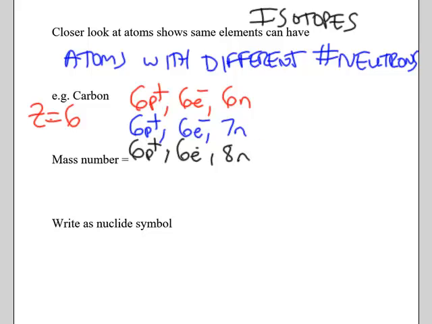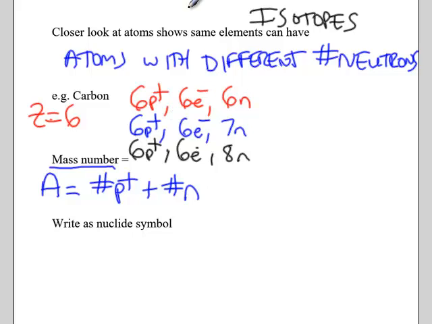To distinguish those, one way to do it is by using the mass number. The mass number is abbreviated with a capital A, and the mass number is the sum of the heavy parts of the atom, which are the protons and the neutrons. Remember, electrons are very, very light.